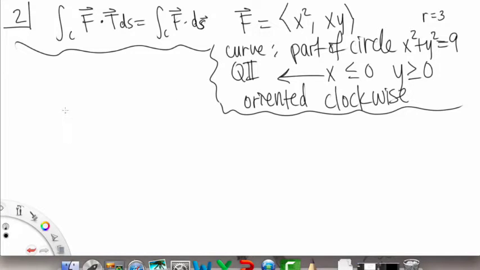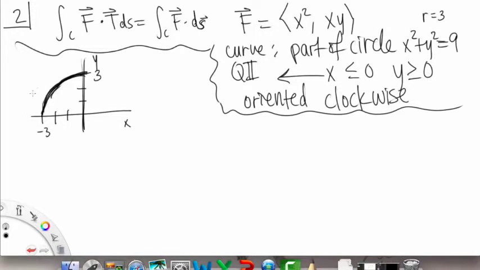So that's the top left corner, right? So we have something that looks like this. Here's our x and here's our y. And we go 3 in each direction. 1, 2, 3. And this is our curve right here. Okay? So this top left corner of the circle. So this is negative 3 and this is 3.